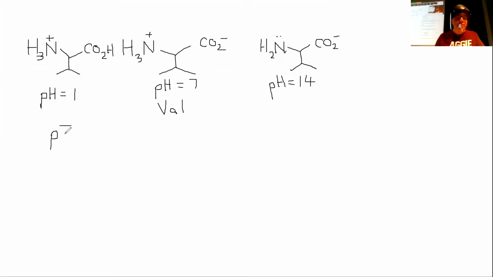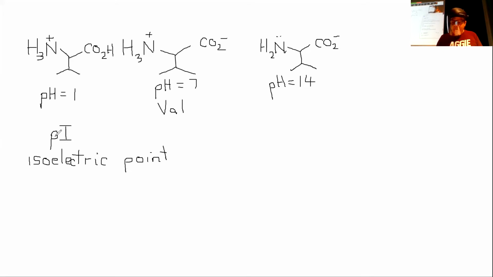But there's this idea of something called the isoelectric point, pI. And this is kind of an important idea, especially in a biology or biochemistry class, because there's a lot of techniques that take advantage of the isoelectric point and use pH as a result. But the definition of the isoelectric point, I've put it in the class notes.